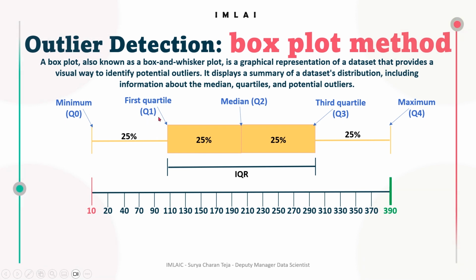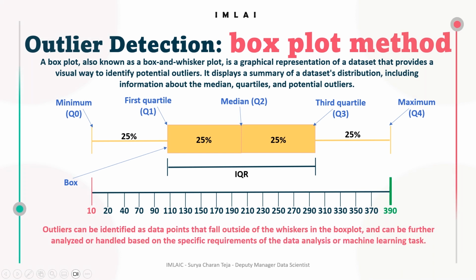In between we have quartile 1, quartile 2, quartile 3, and quartile 3 minus quartile 1 is called the interquartile range. Exactly this center portion, the IQR portion, is known as the box. Then this portion is called whiskers, and the other portion is also called whiskers.